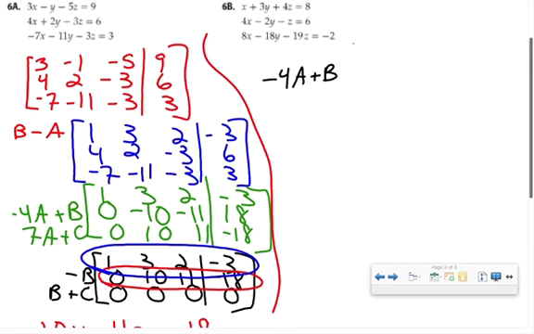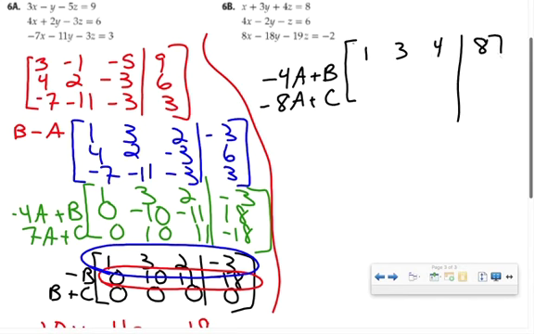I'm going to multiply the first equation by -8 and add it to the third one when I write my first matrix. So my first line is 1, 3, 4, 8.